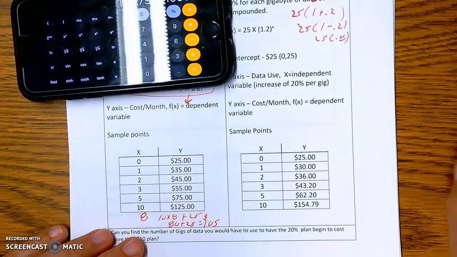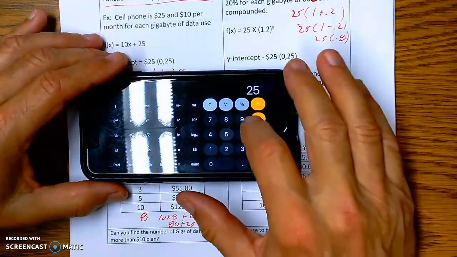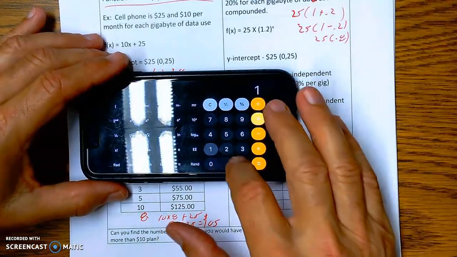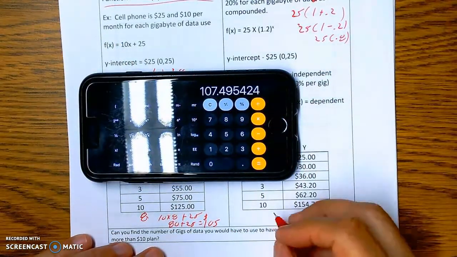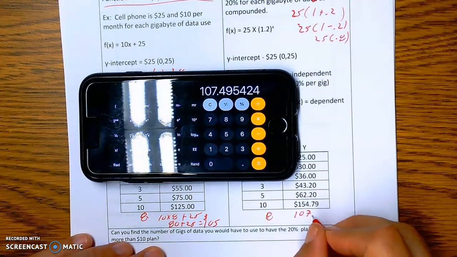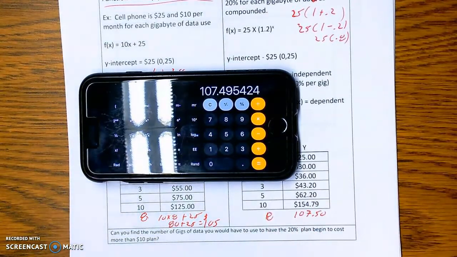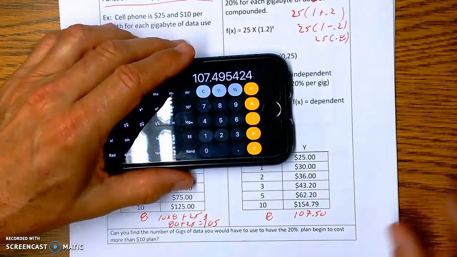Over here, when we put in 8, we go 25 times 1.2 to the power of 8, we find out that it's 107.50, rounded to the nearest penny. So we find out at 8 that's where you get past the break-even point.